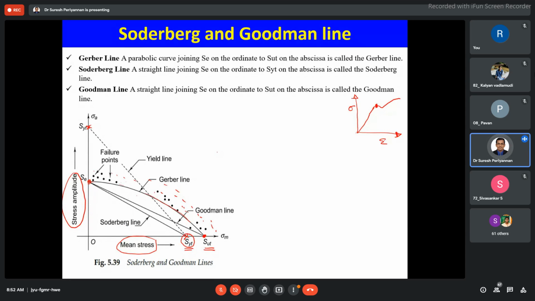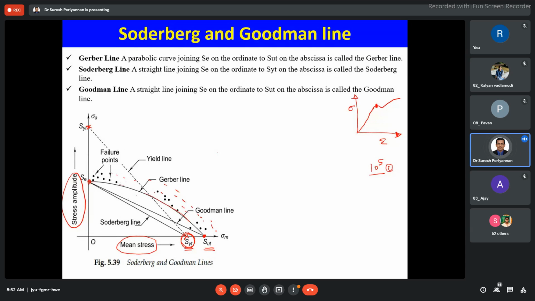It is the number of cycles, maybe 10 power 5 cycles, before the component first initiates a crack, the first failure. Similarly, when the material reaches SYT, this is called the first cycle of stress. We consider SYT as the standard in both the y-axis and x-axis for further defining the modified Goodman theory.